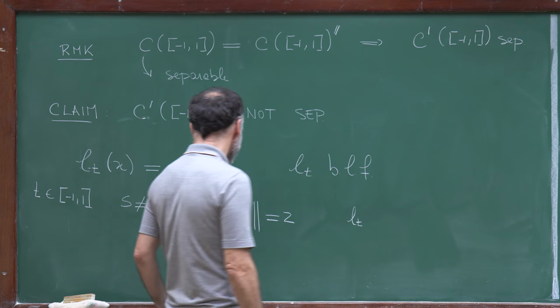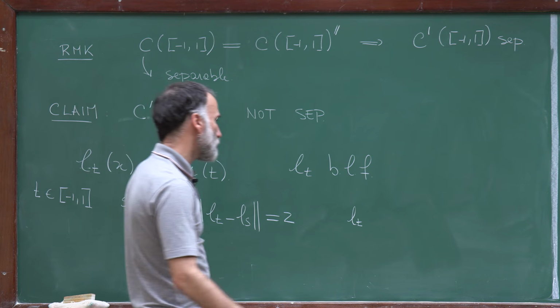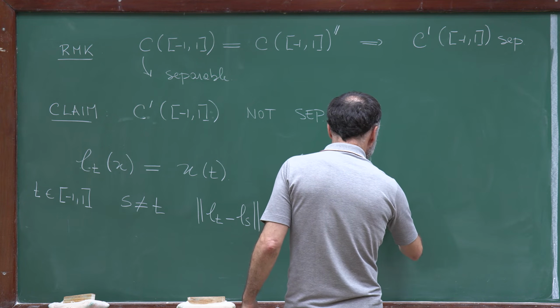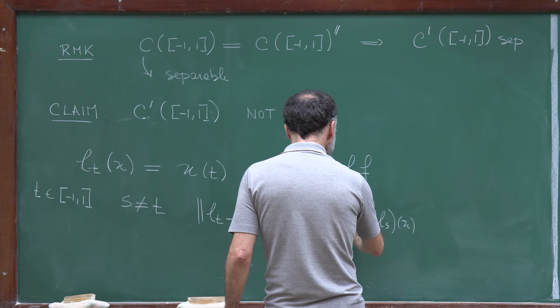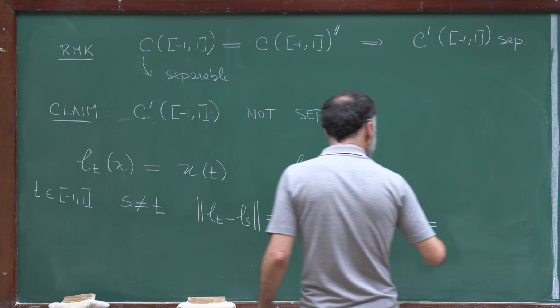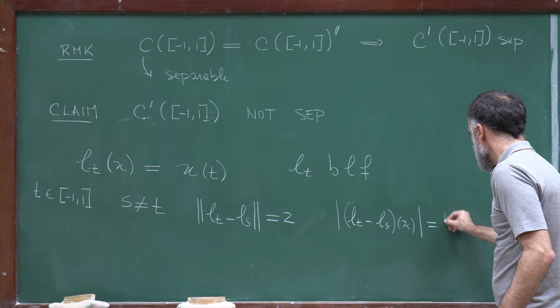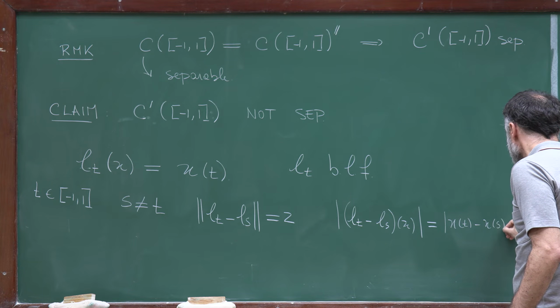Well, first, as usual, we'll get an upper bound and then a lower bound. So let's start with the upper bound. So L_t minus L_s at x is equal to x(t) minus x(s).